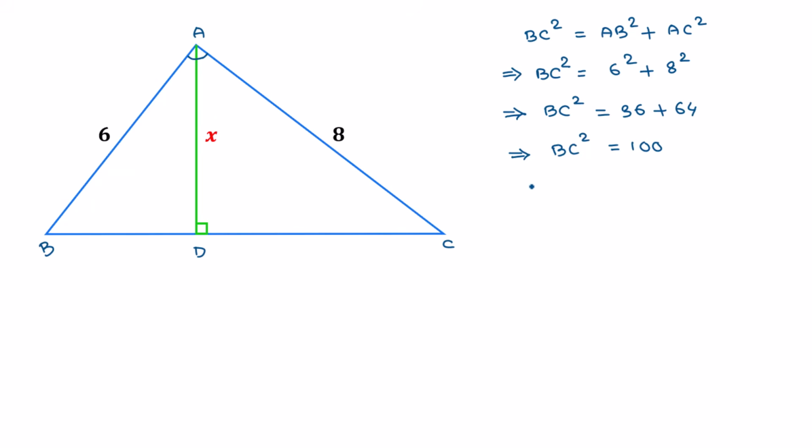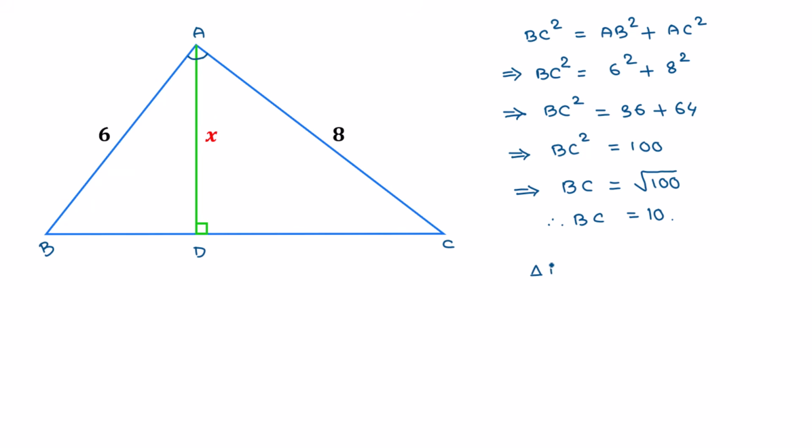Now taking the square root to both sides, we will get BC is equal to the square root of 100. So the length of BC is equal to the square root of 100. This is 10.